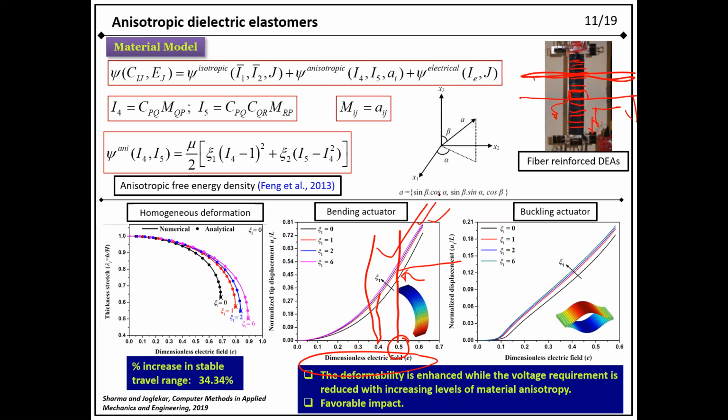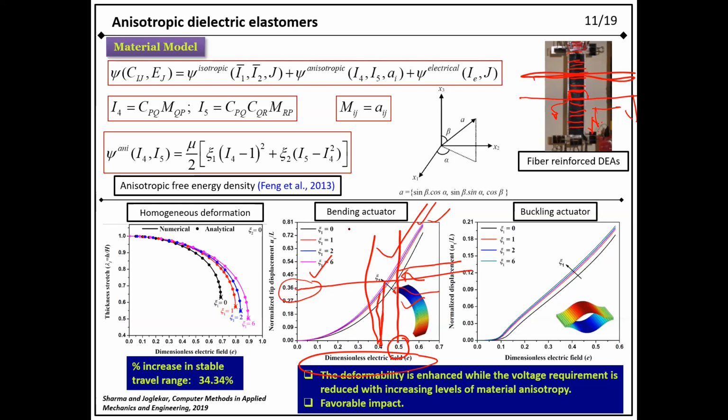Or you can also observe it in the opposite sense: in order to obtain the same level of deformation, the actuator made up of the homogeneous material will require higher voltage. So this will be the case of higher voltage, and if we pick this one, this will be the case of lower voltage.